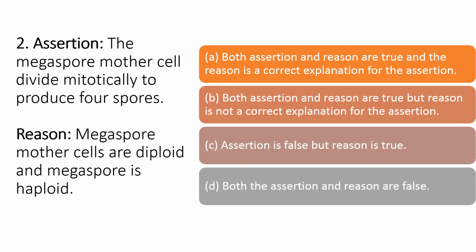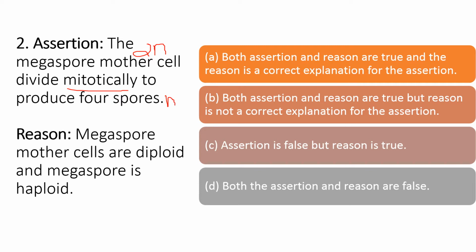We know that the megaspore mother cell produces 4 megaspores, but out of 4 megaspores, 1 will survive and the other 3 will disintegrate. But here they mention the megaspore mother cell divides mitotically to produce 4 spores. We know that the megaspore mother cell is diploid in number and the spores are haploid in number.